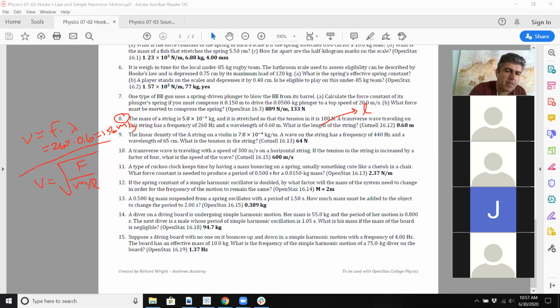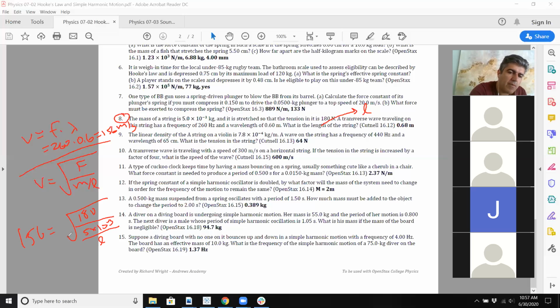My bad. So you have 156 right here. The force is 180 newtons because of the tension. The mass is 5 times 10 negative 3 kilograms, and divide the whole thing by the length.